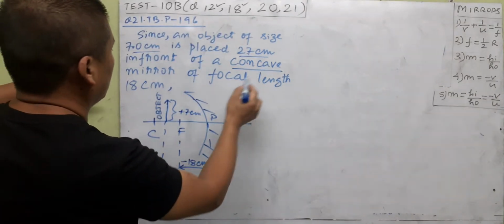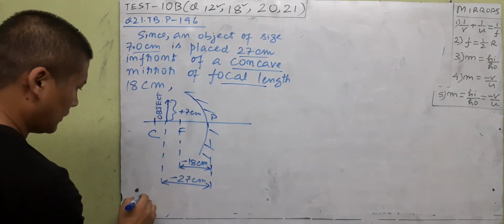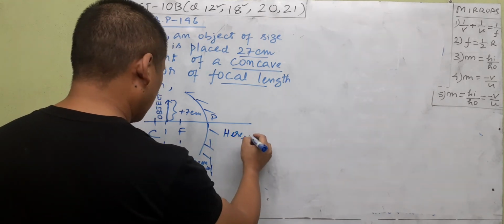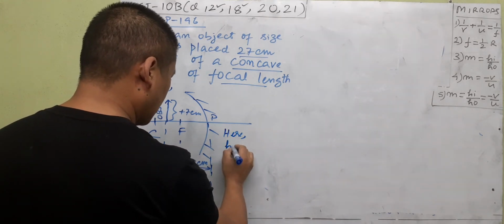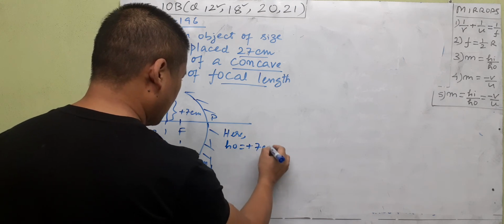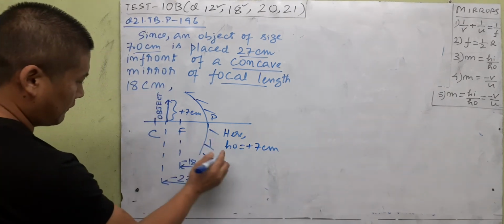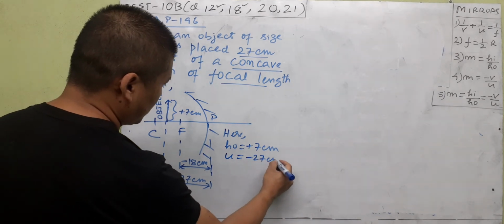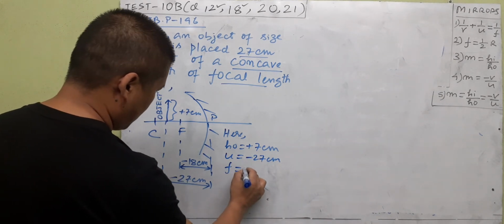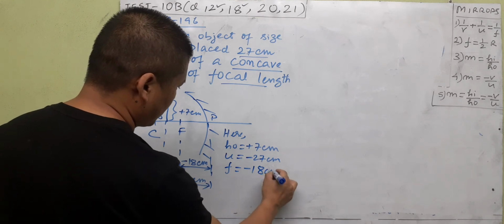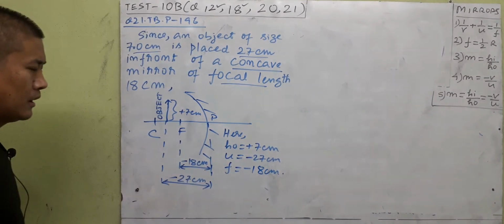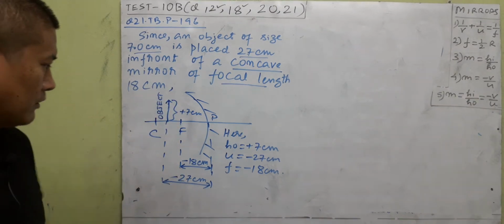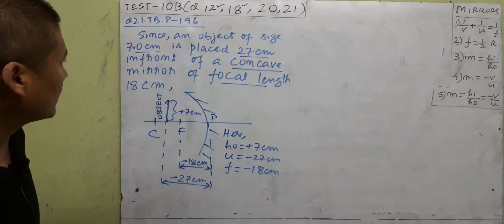So we can write the values: HO is plus 7, above the principal axis; U is minus 27; F is minus 18, because all these are on the left. Plus is above, below is minus, right? So that is the sign convention.